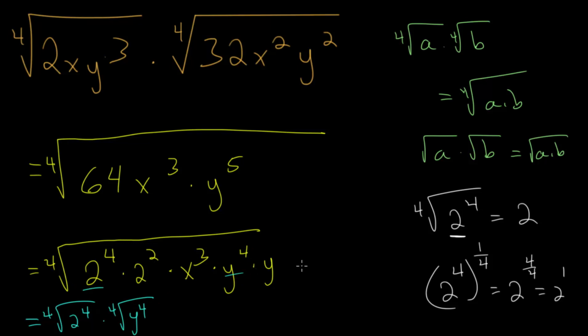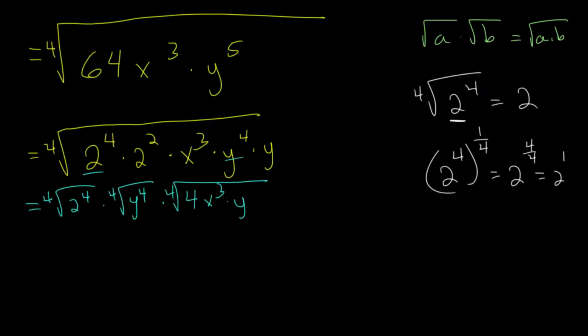And the rest of it, we won't be able to use this to cancel anything out, since these exponents are all less than 4. So those will need to remain underneath the fourth root without any simplification. So we can write them all in their own fourth root. We have 2 squared, which I'll just write as 4. We have x to the third, and we have y.